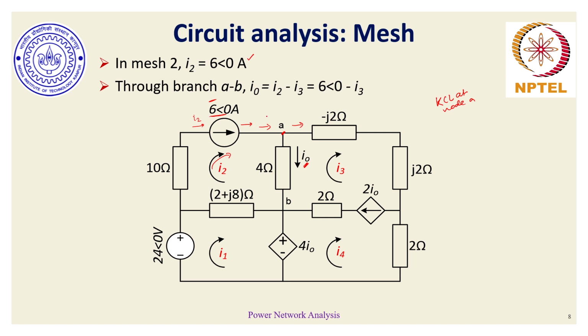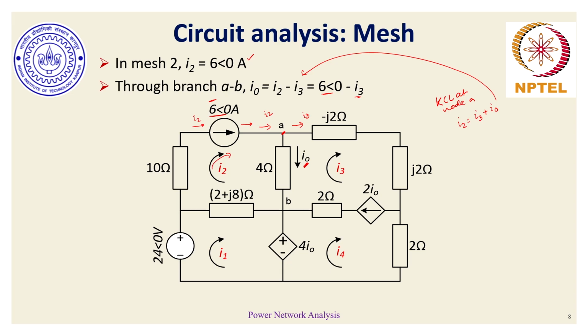The incoming current at node A is I2. The outgoing current is I3, and at the bottom part, A to B, it is I naught. So if you apply KCL, I2 is equal to I3 plus I naught, which can be rewritten as I naught equals I2 minus I3, and since we know I2, we can find I naught in terms of I3.